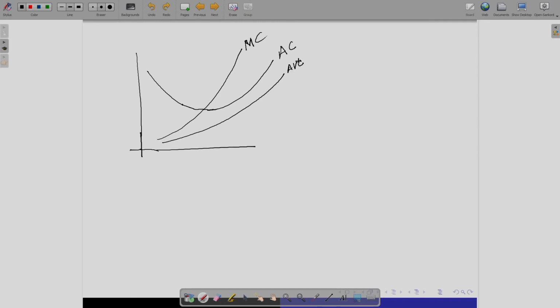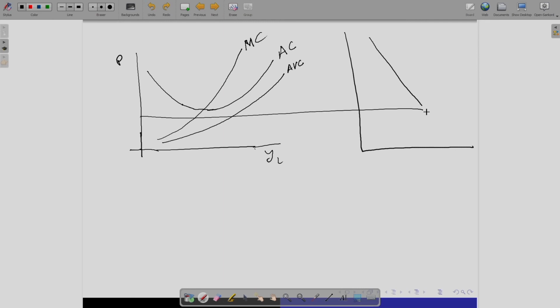And suppose this is the output of any firm. This is the supply curve, this is the demand curve. Okay. Now, here the optimal output is this. So, firms are making a loss of this amount, right.